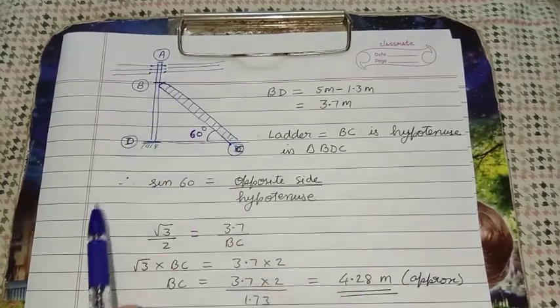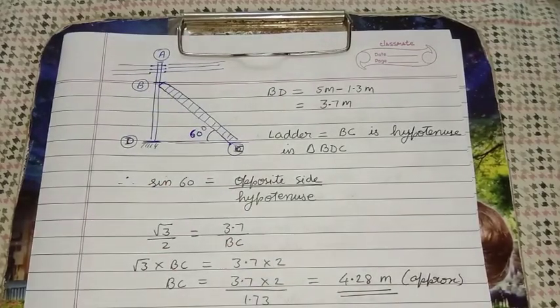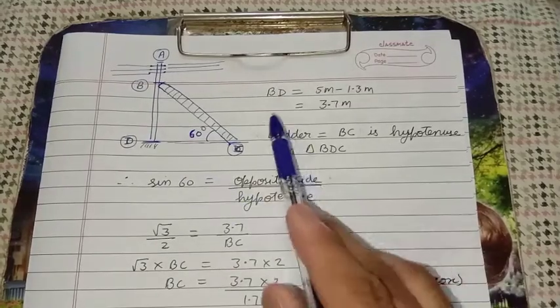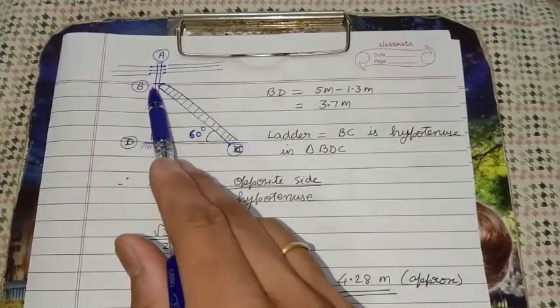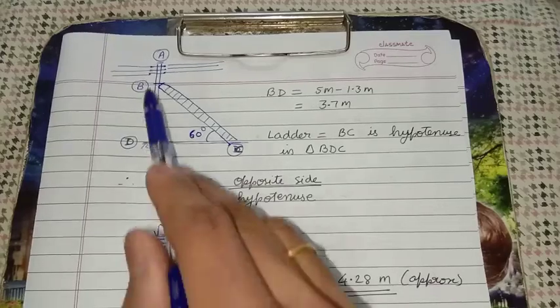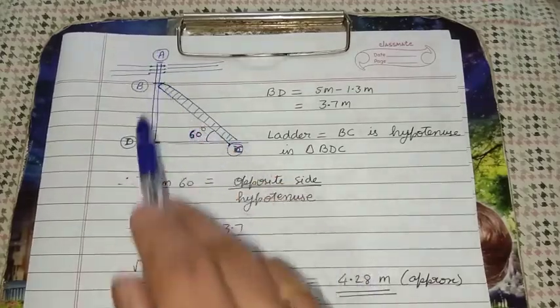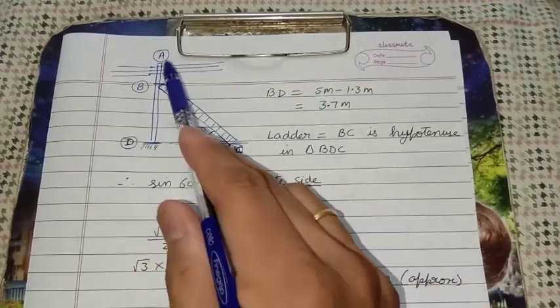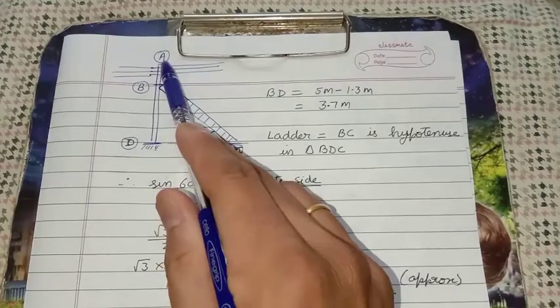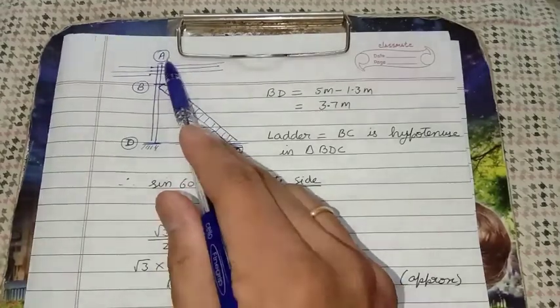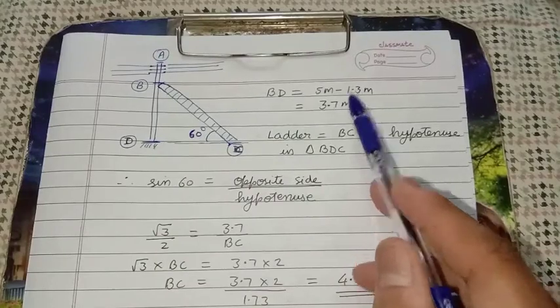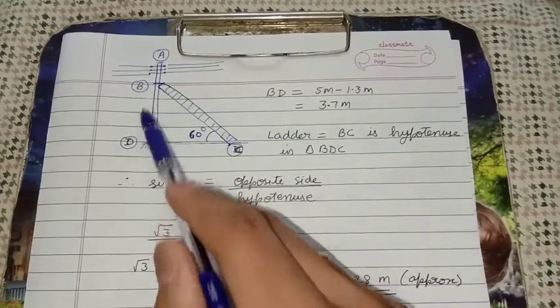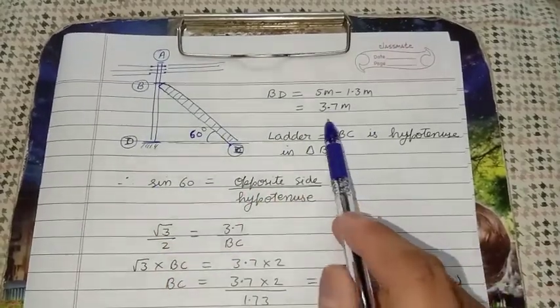The total height of the pole is given to us as 5 meters. Ladder is placed over here, which is 1.3 meters below point A. So 5 minus 1.3, so the distance BD is equal to 3.7 meters.